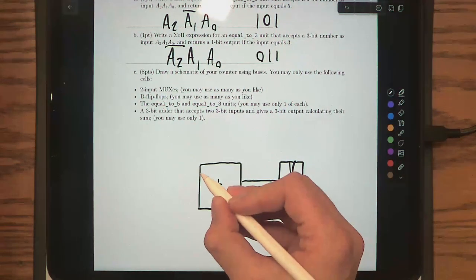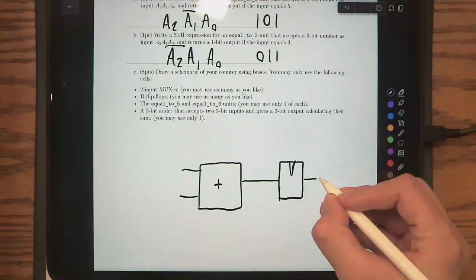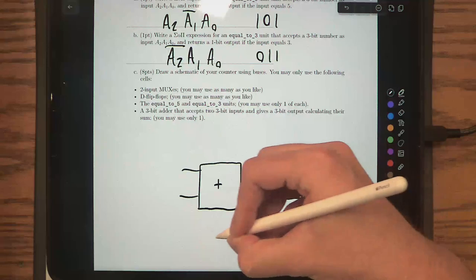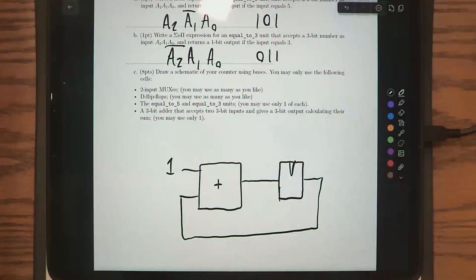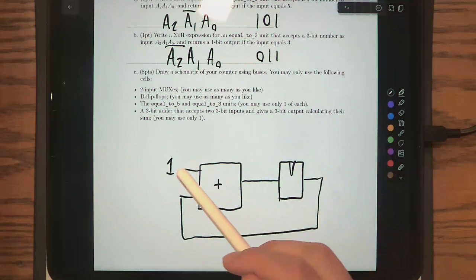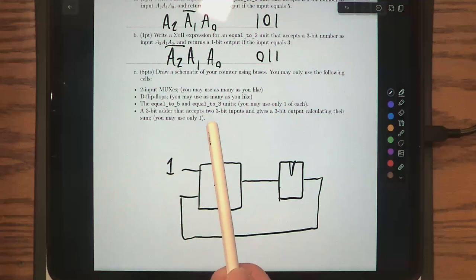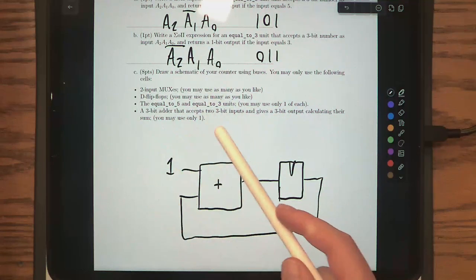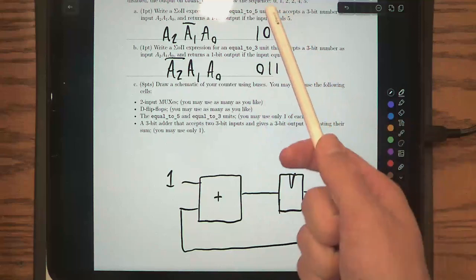And now we have to feed in inputs, and we could probably imagine that a basic counter would have a structure like this. But the question now is, well, we don't want to add one every single cycle. Instead, we want to add one just until this equals 5. So that's where we can utilize our equals 5 unit.